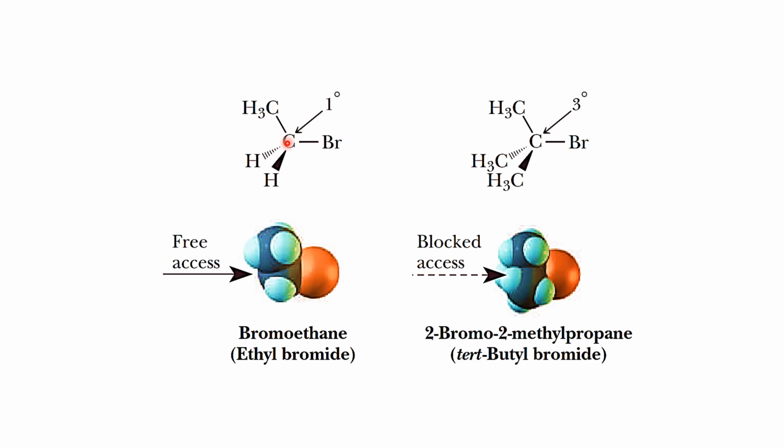It's on the backside, because in the case of SN2 this bond is not breaking as a first step, and there is no carbocation formation as such. So if we compare the primary one, the nucleophile can easily attack and access this site, and the SN2 mechanism can happen. While if we see the tertiary haloalkane, this is a too crowded side.